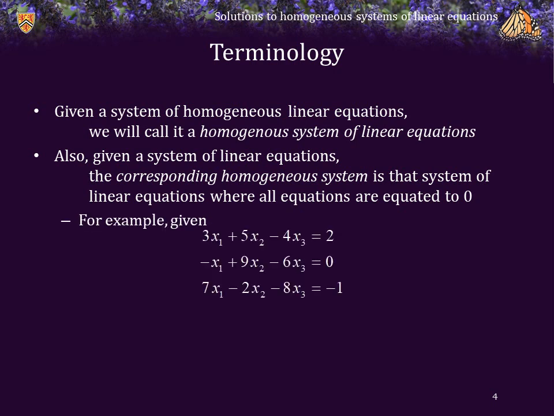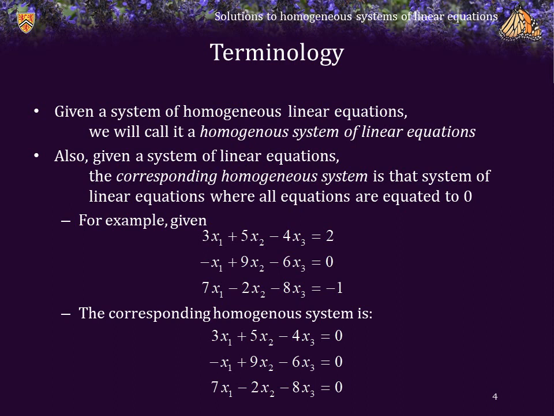So, for example, here we see a system of three linear equations in three unknowns. It happens that the second equation is homogeneous.